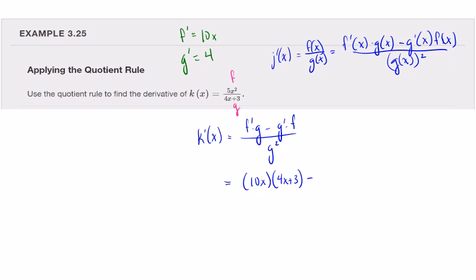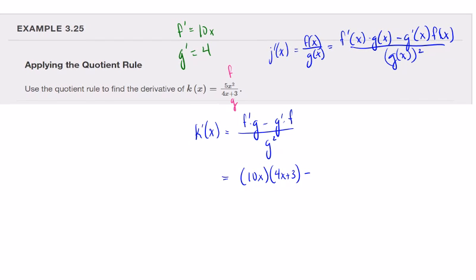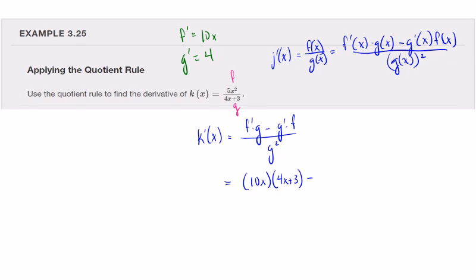Okay, and then minus, and now we're on to g prime, which is 4, and then f is 5x squared. Then on the bottom, g is 4x plus 3, so I'm just going to square that.